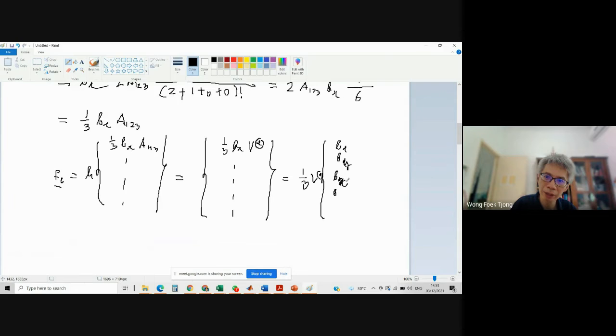Bx, By, right? But Bx, By is nothing but the body force itself. So this is the body force corresponding to node 1. This is node 2, node 3. So it's proven already that when we have a constant body force, it's just distributed equally to the nodes, right?